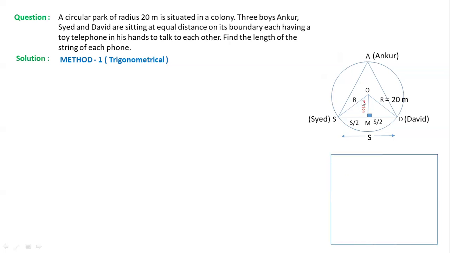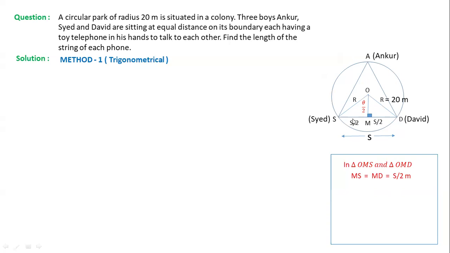Now see here. First I am taking triangle OMS and triangle OMD. In triangles OMS and OMD, MS is equal to MD is equal to S by 2. Why? Because the perpendicular from the center to the chord bisects the chord.